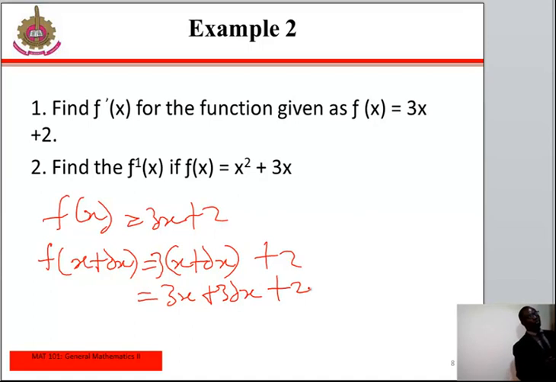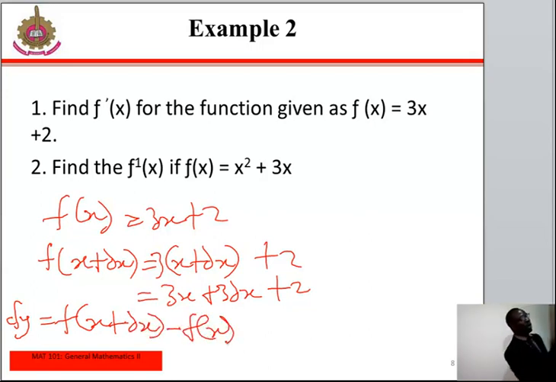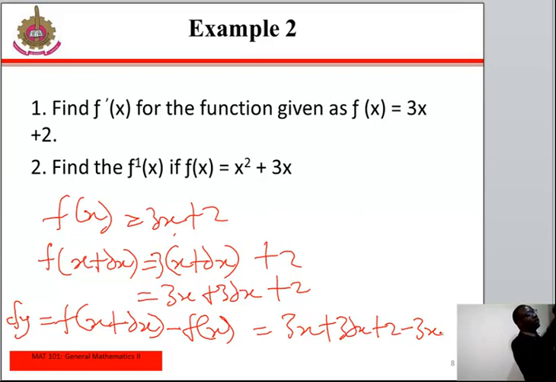Then you now go to the second step, which is subtracting to get your delta y. Subtracting f of x plus delta x minus f of x. You now have 3x plus 3 delta x plus 2 minus 3x minus 2. Don't forget minus, we change this sign here.